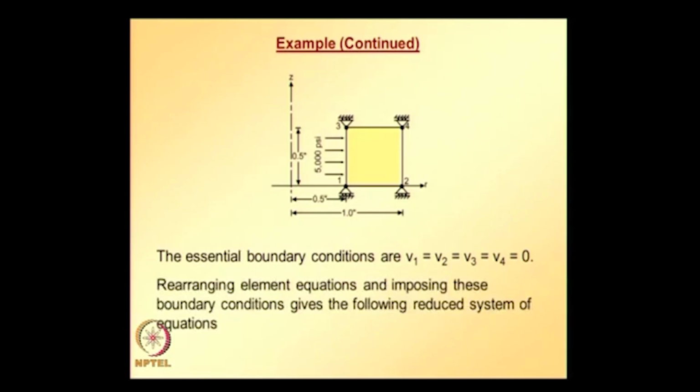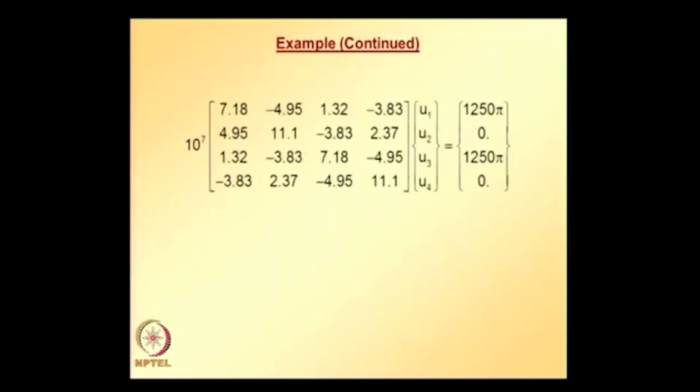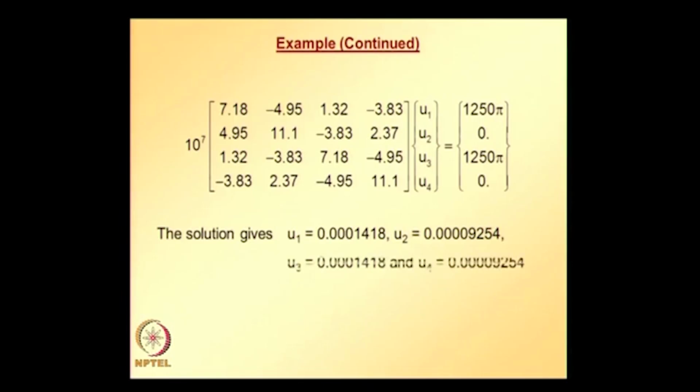So, rearranging element equations and imposing essential boundary conditions gives the following reduced system of equations, and this is a 4 by 4 equation system because only 4 degrees of freedom are unknown. So, we can solve this 4 by 4 system for u1, u2, u3, u4, which are nothing but the radial displacement components at all the 4 nodes.